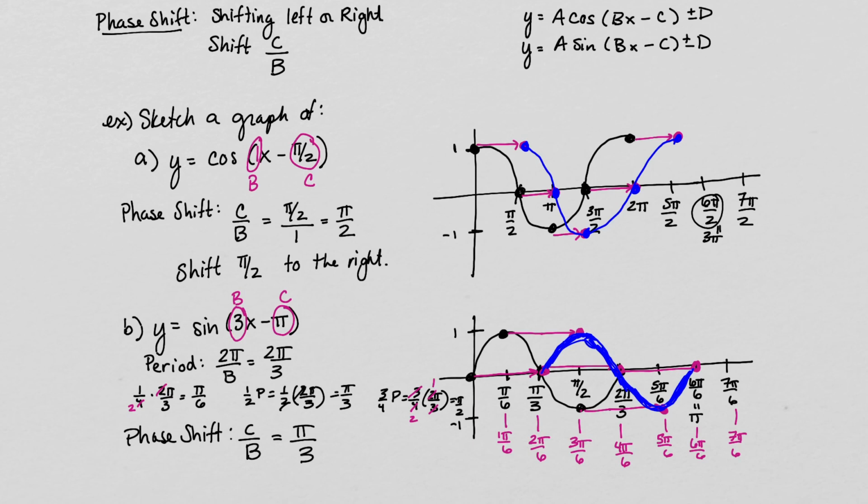So this problem's already solved. The 3 doesn't matter right now? Say that again, what do you mean, the 3 in front of the X? So we used the 3 that was in front of the X. We used it in finding the period, right? The 3 in front of the X is used in 2 different places. One, it's used to find the period, so that's what told me I had 2 pi over 3.